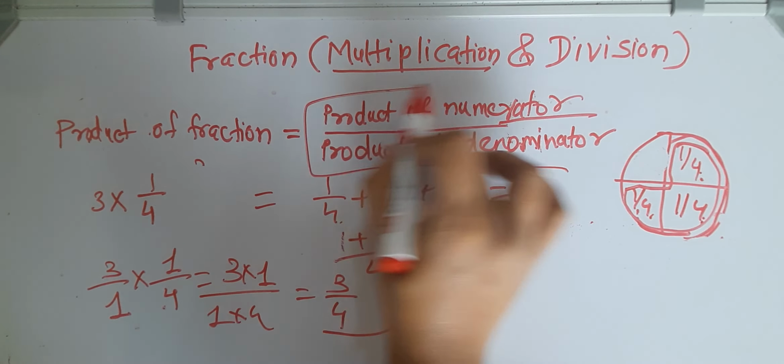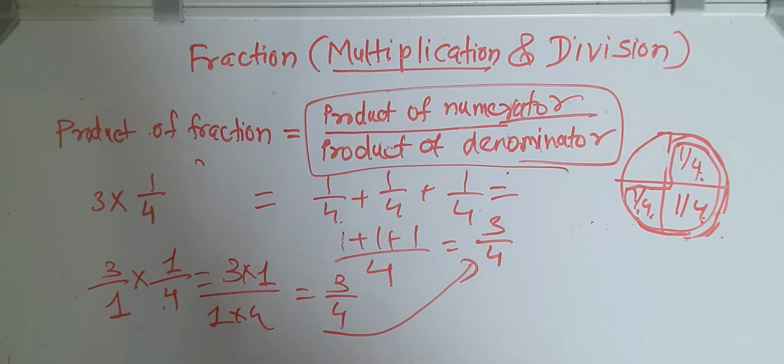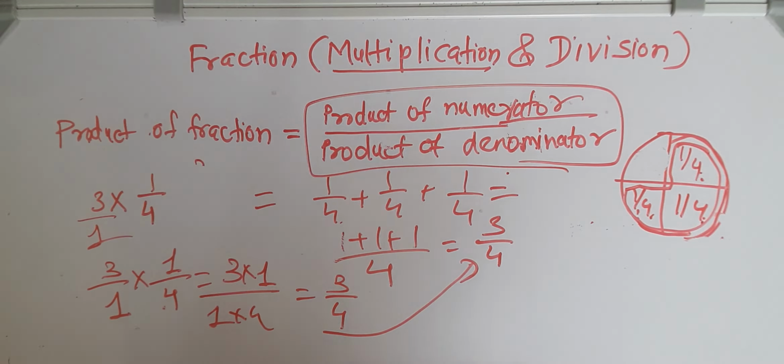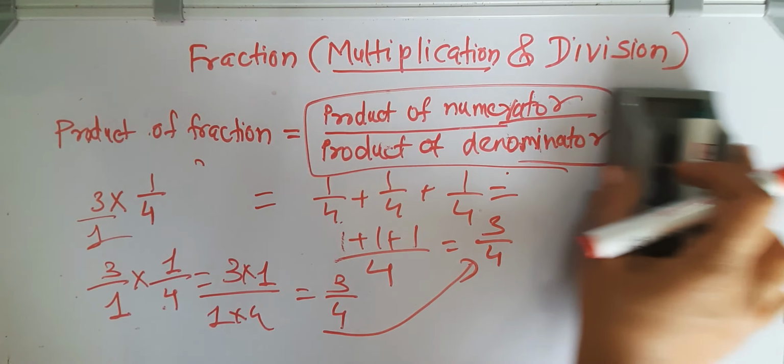Keep this formula in mind. There is no need for the denominators to be the same, and we don't have to convert into like fractions. For a product it is very simple: just multiply the numerators and multiply the denominators. So multiplication is quite simple. Just keep in mind that if there is nothing in the denominator, there is 1, and you can solve with the formula.